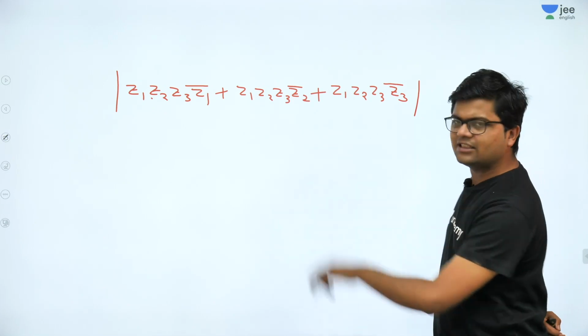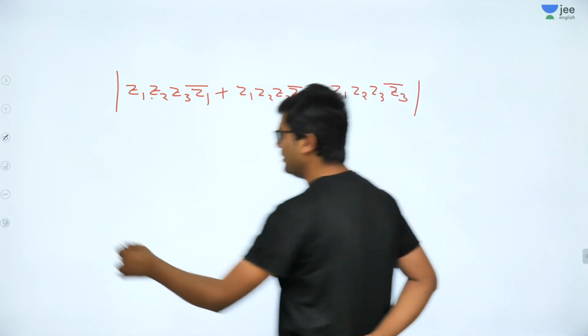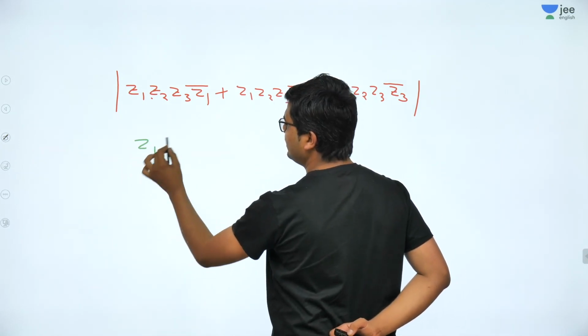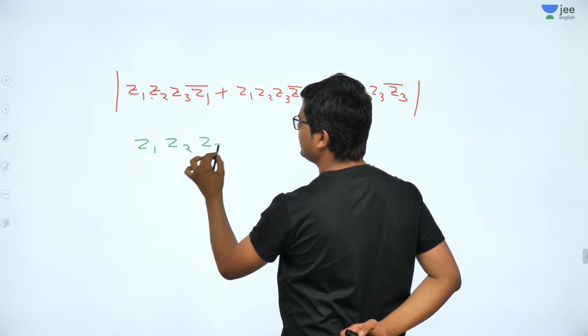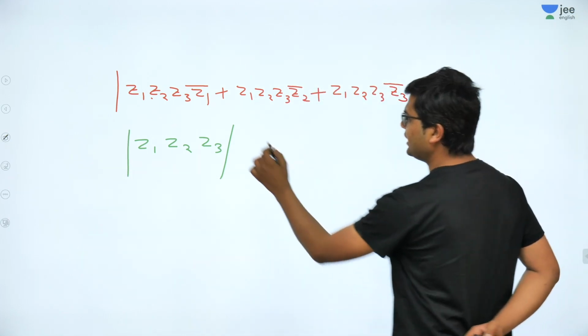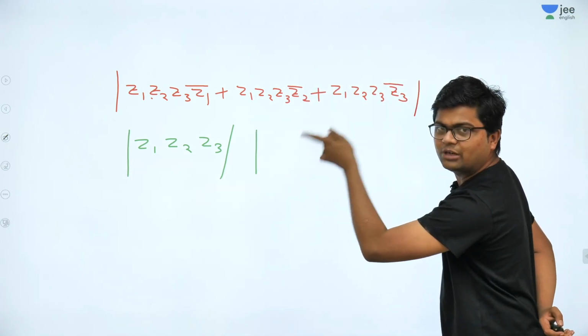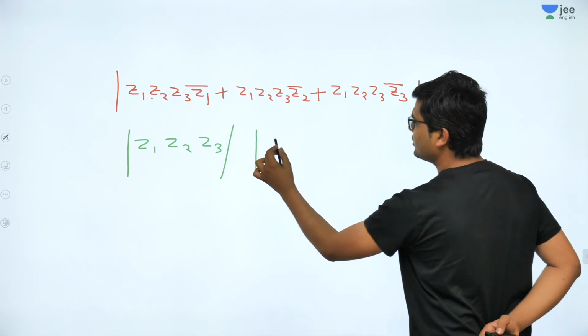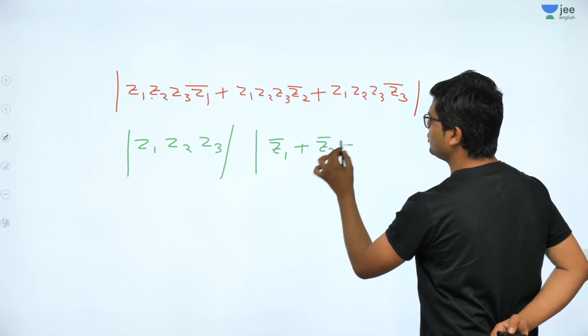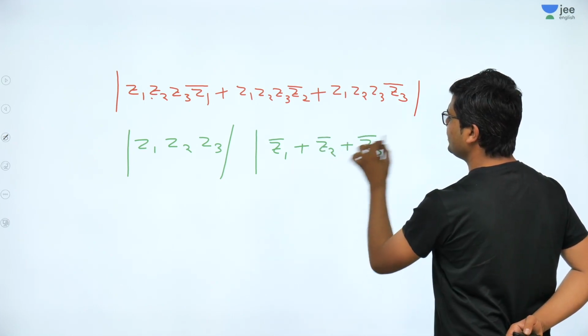Now I can easily say that Z1, Z2, Z3 will come out common. So Z1, Z2, Z3 will come out common, and modulus will distribute itself, and here what will remain? Z1 conjugate plus Z2 conjugate plus Z3 conjugate. Got my point? It will become Z1 conjugate plus Z2 conjugate plus Z3 conjugate.